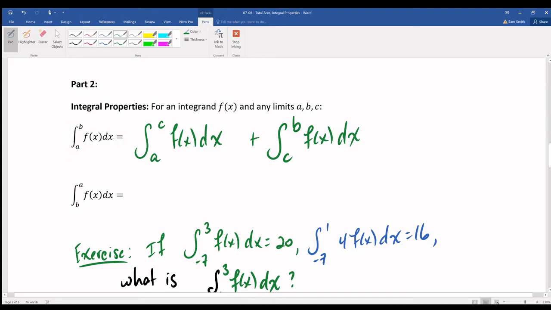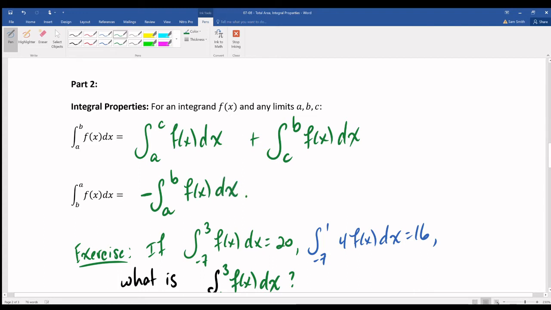And as well, if you decide not to go from left to right but in the opposite direction, you can reverse the order of these limits and put a on the bottom and b on the top at the cost of flipping the entire sign of the result, putting a negative sign on the outside of the result.